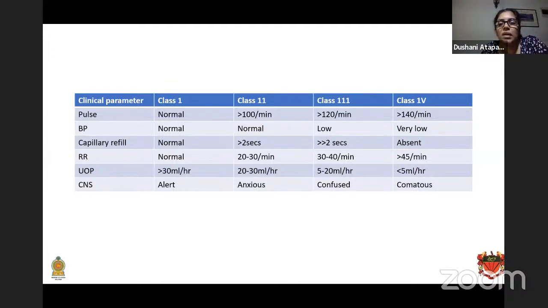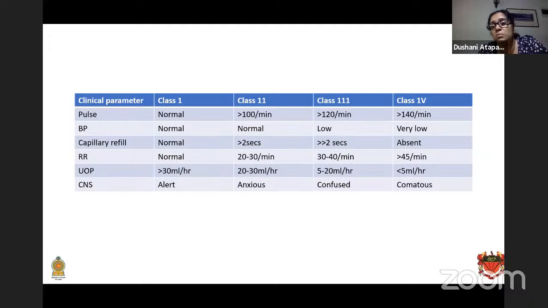And then by class 3, it's severe tachycardia, more than 120, and the blood pressure is low now with more prolonged capillary refilling. The patient is severely tachypneic, more than 40, the urine output is 5 to 20, and the patients are more confused. Right, in class 4, the patient's pulse rate is more than 140.